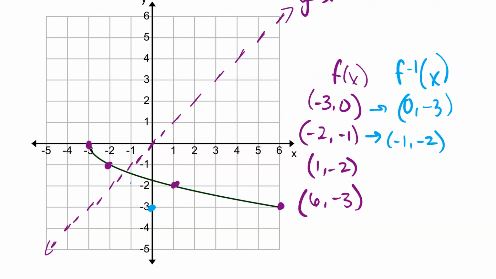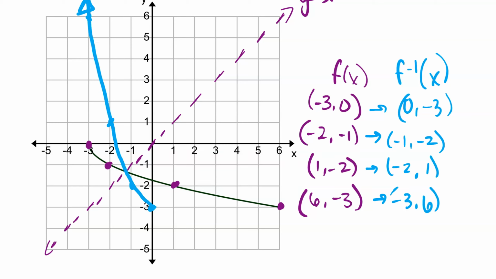If I connect them, it kind of looks like I took the black function and flipped it across y equals x. There's my inverse. Nice.